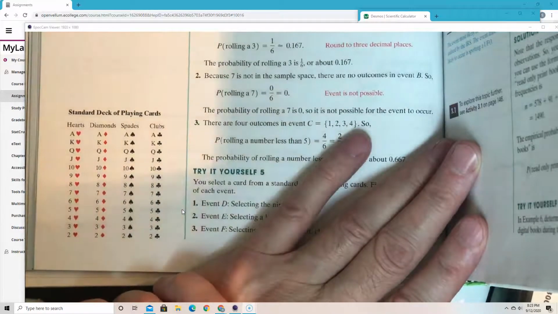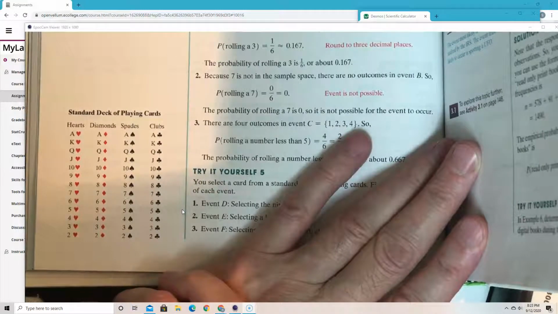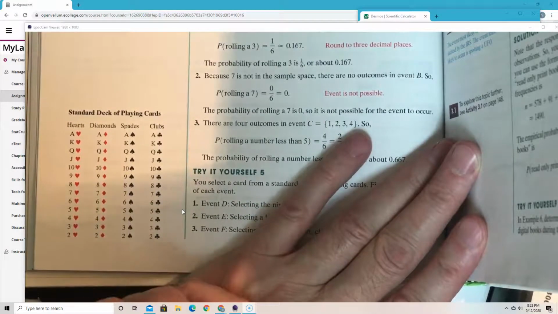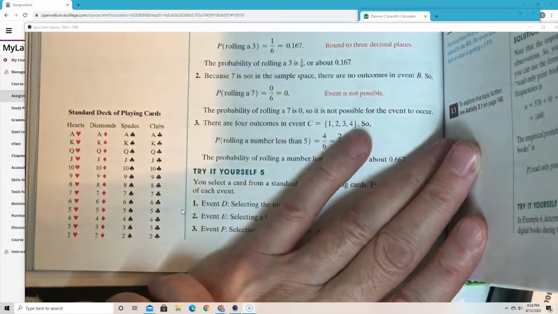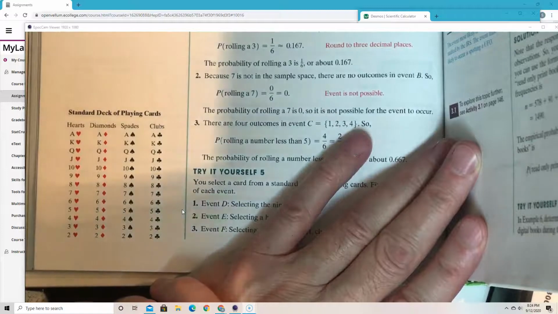But the question that's being asked of us, that we're practicing, is not, does the 8 actually show up on the first card you pick, and then on the second card, does a 5 show up? I mean, it's very unlikely that it's going to happen. That's not the question. The question is, what's the probability that it would happen? So when we pick the first card, it's probably not going to be an 8. But that's not the question.